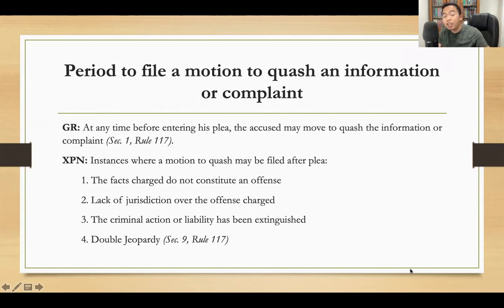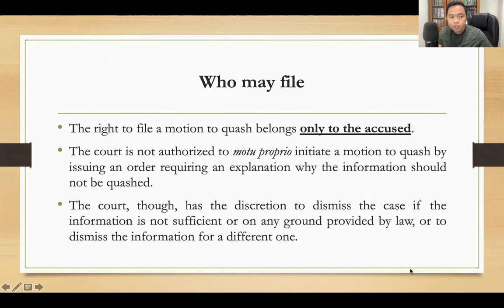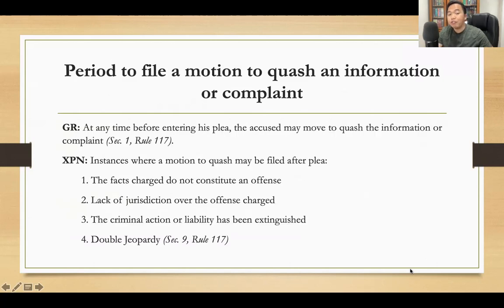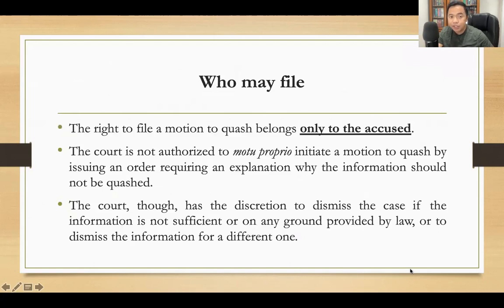And then the last exception is in case of double jeopardy, when the accused is vexed or is being held to answer for an offense twice. So under the exceptions, you can file a motion to quash even after the accused had already entered his plea.